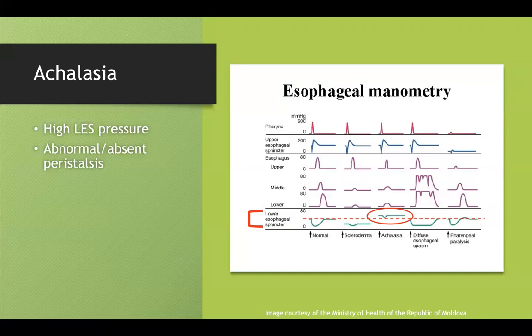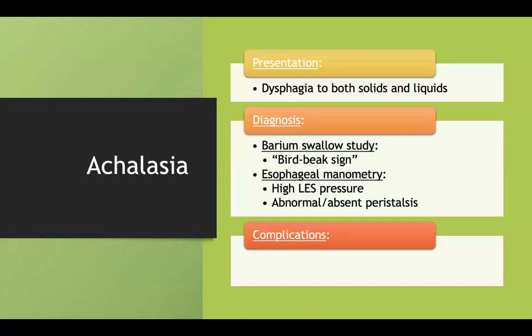In a normal situation, you'll have this part of the esophagus contract and then this part, so food moves down correctly as they contract in unison. But the problem with achalasia is you have this random or absent peristalsis. So not only does your lower esophageal sphincter not work, you don't have any coordinated peristalsis in the first place.